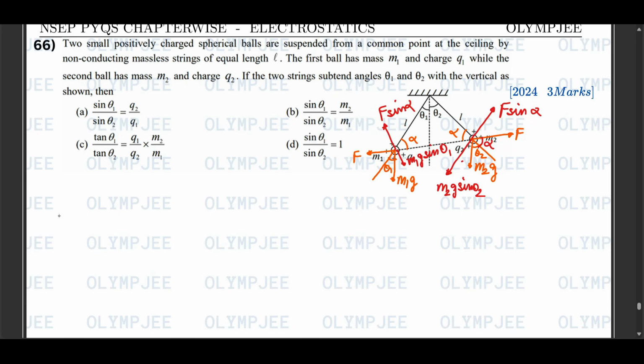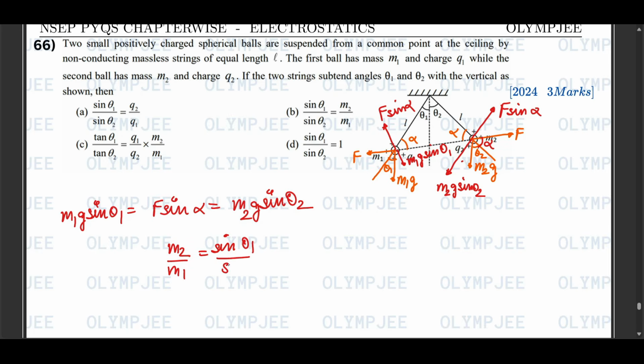So from here we can get that m2 by m1 is equal to sine theta 1 by sine theta 2. So the answer is option B.